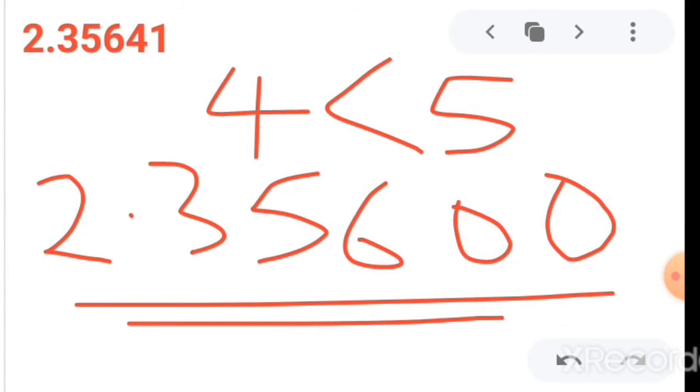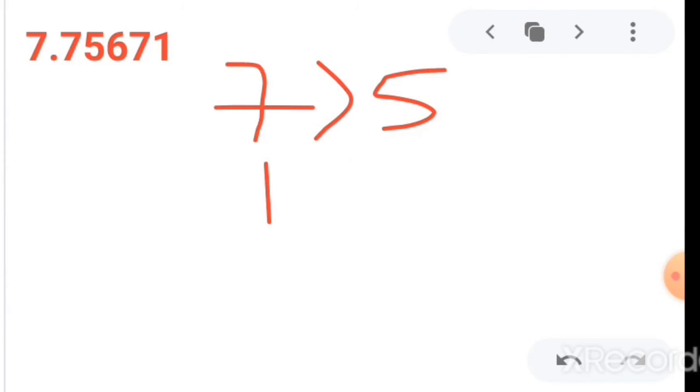Now let's see another example. We have 7.75671. The third decimal place or the thousandth position is, this is the first decimal place, the second decimal place, and the third decimal place is 6. Now the number immediately after the third decimal place is 7, and 7 is greater than 5. Because 7 is greater than 5, we change it to 1 and add it to 6, which is in the third decimal place.